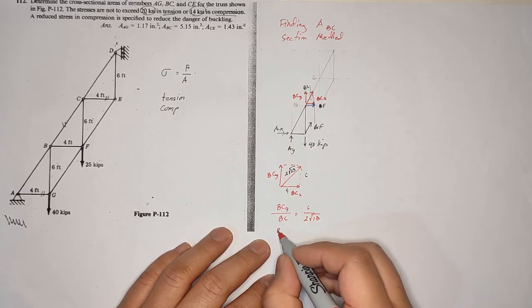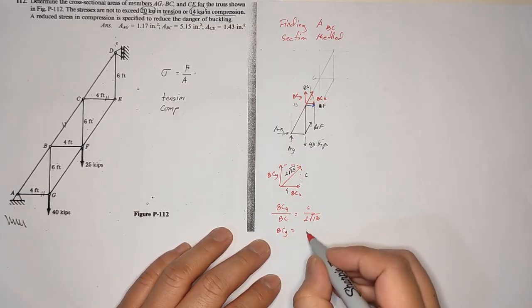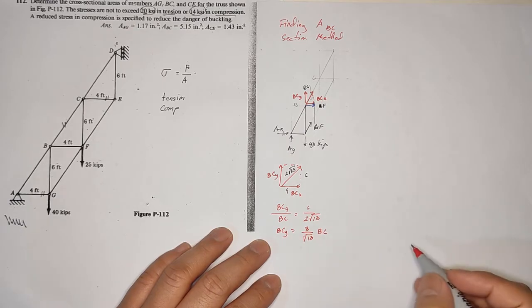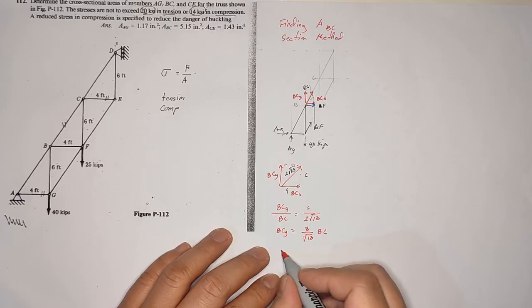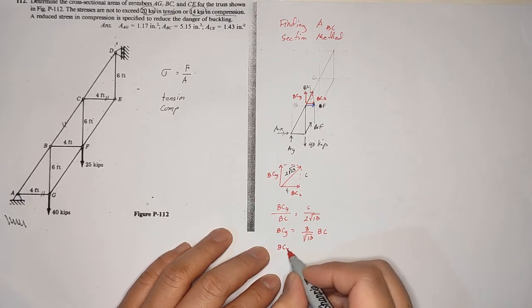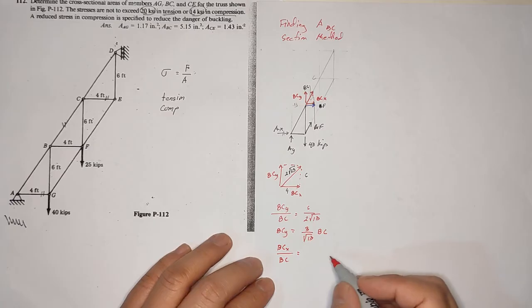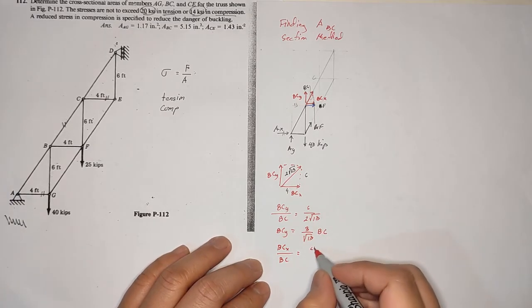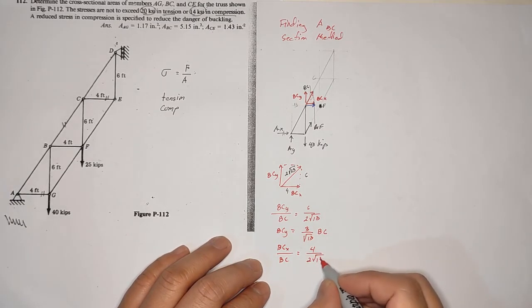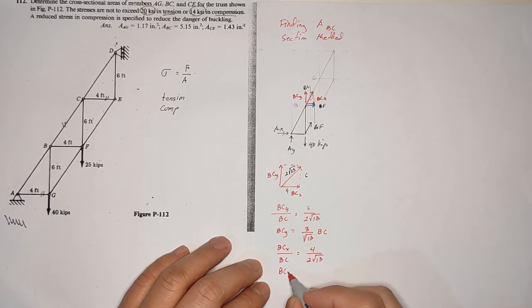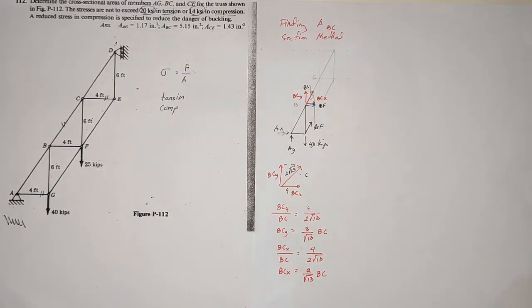So, BCY, it's 3 over square root of 13 BC. Now, for BCX, that is BC, okay, then you have 4 over 2 square root of 13, so you have BCX is 2 over square root of 13 BC, okay, so remember that.